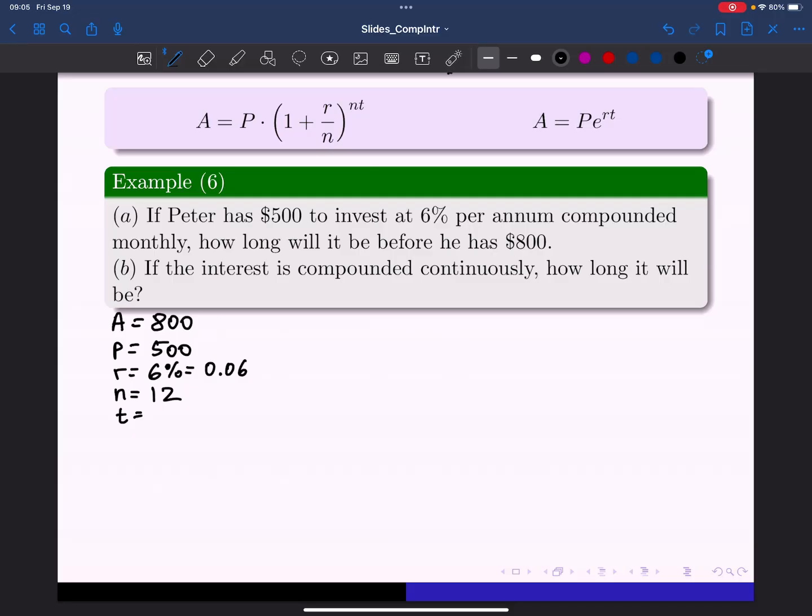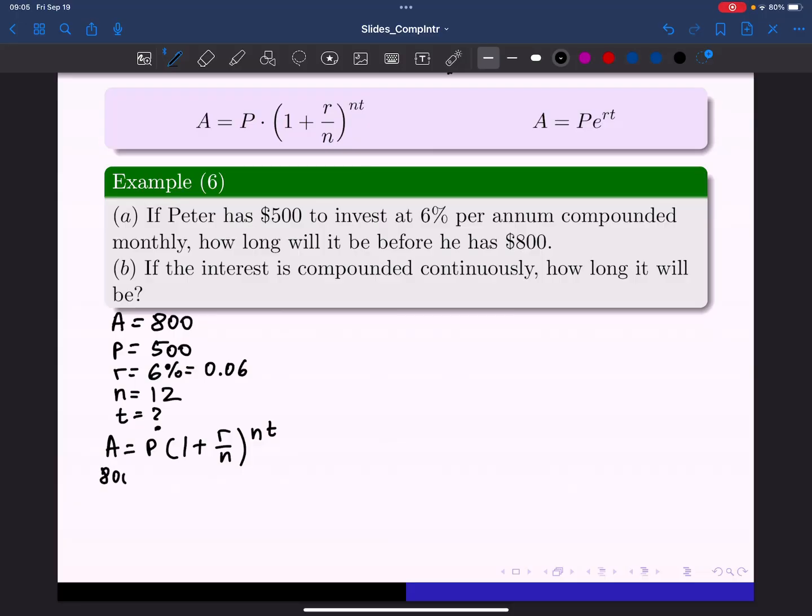And then we have how many years? How long will it take? So we need to find this T. That's the question. So we have A equals P times 1 plus R over N to the power NT.